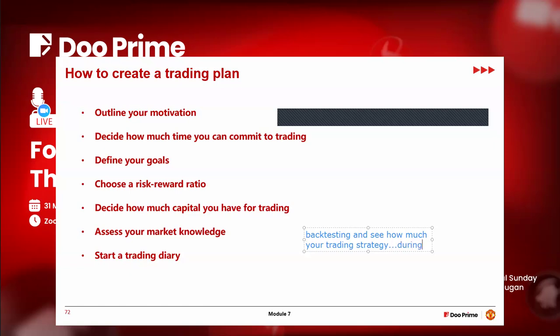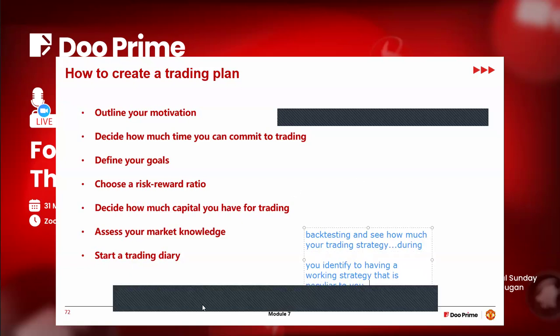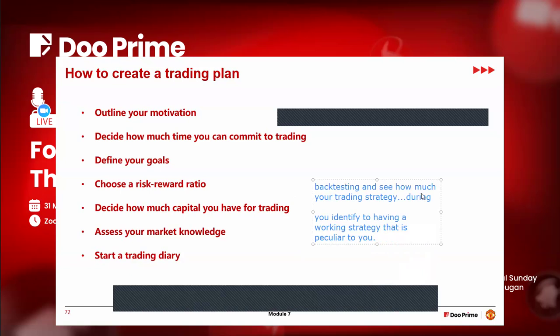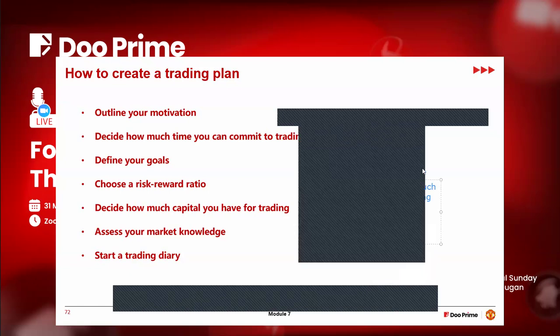During your course of backtesting, that is where you will now identify your step-by-step process to having a working strategy that is peculiar to you. Now, there are more than 1 million strategies out there. You can just go somewhere, meet someone, and they'll teach you something that works with you. I might teach you a strategy that is not good with you.